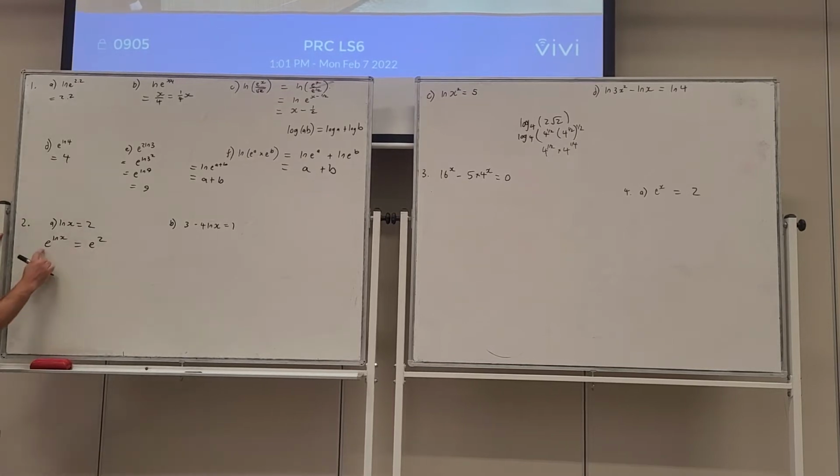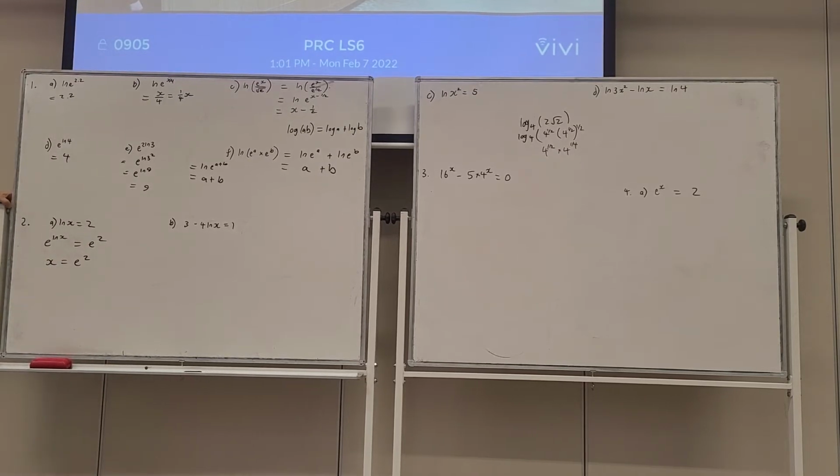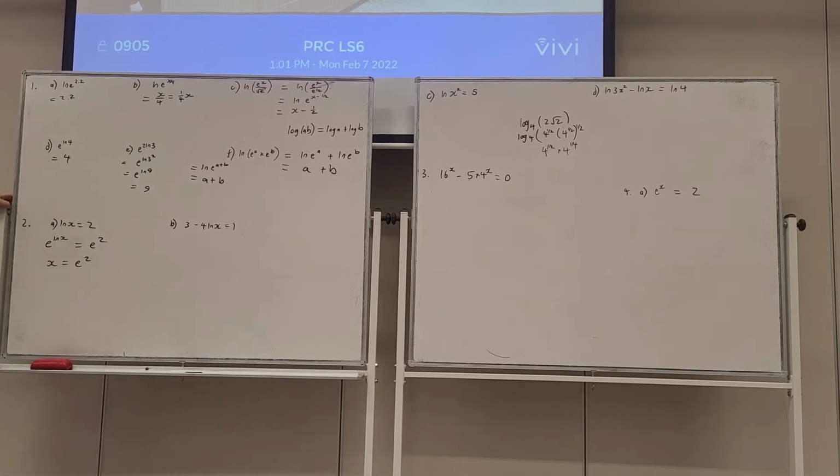Excellent. And now e to the ln x simplifies to x. e squared remains as e squared. Remember, it's just a number. If e is 2.7, e squared is like 4.6 or something like that. Okay? So we've solved x and we've expressed it exactly. It's exact because it includes every possible decimal place.